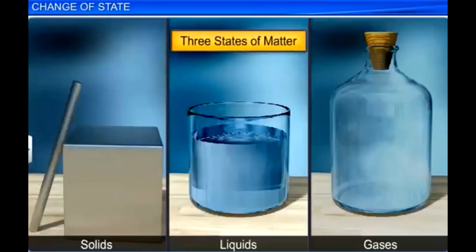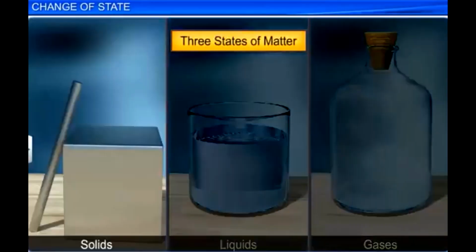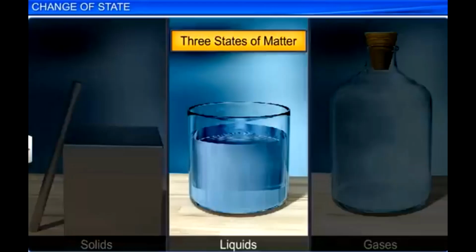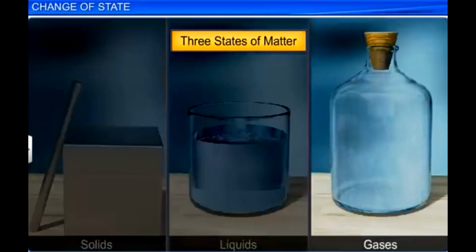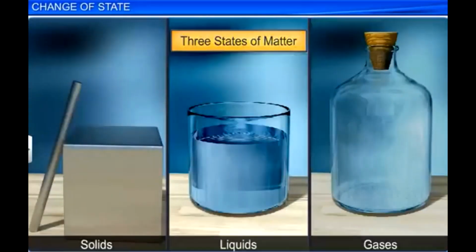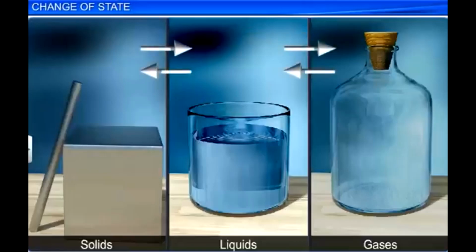Three states: solids, liquids, and gases. The transition of matter from one state to another is called change of state.